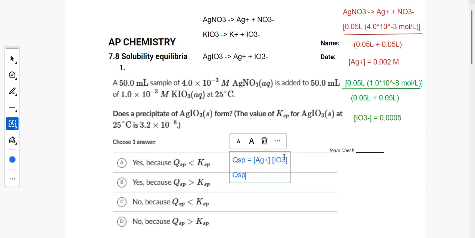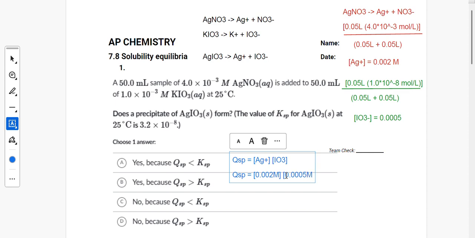So we've got Qsp is equal to 0.002 times 0.0005 molar.